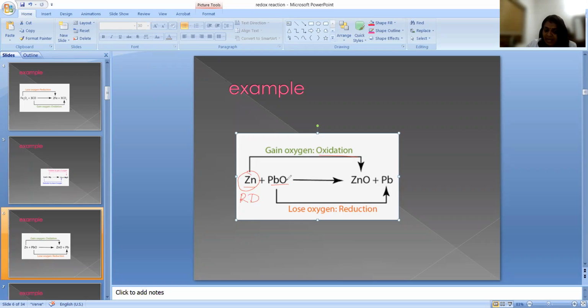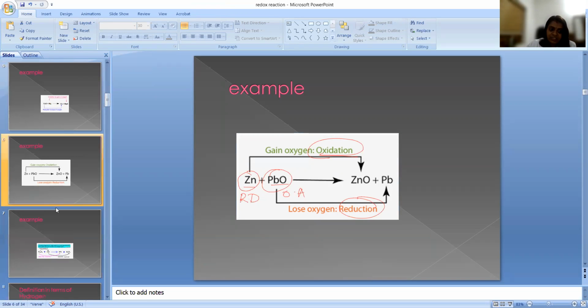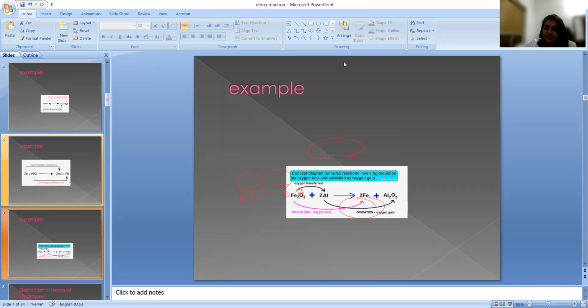Since lead oxide undergoes reduction, it acts as an oxidizing agent. Those undergoing oxidation act as reducing agents, and those undergoing reduction act as oxidizing agents.